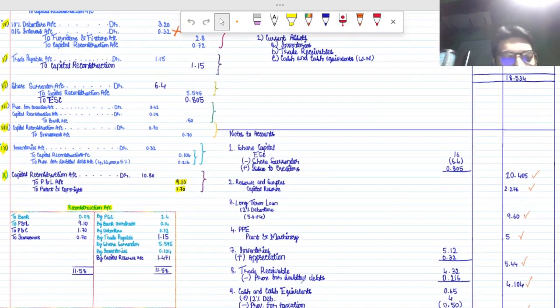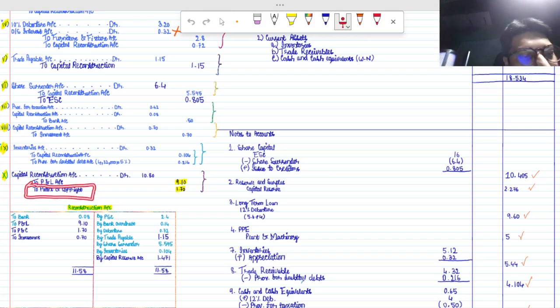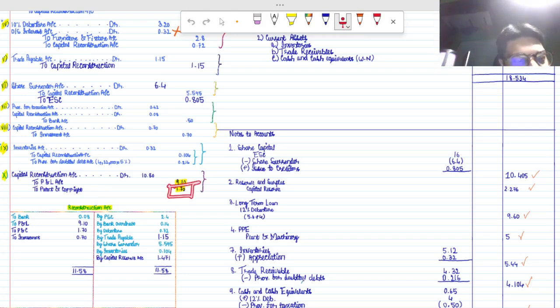In the solution of the examination body, this entry may not be there, especially the entry of patent and copyright. This entry was missing in the solution of the examination body.